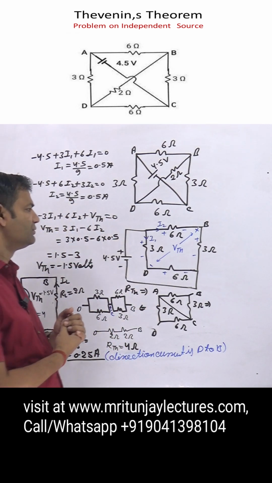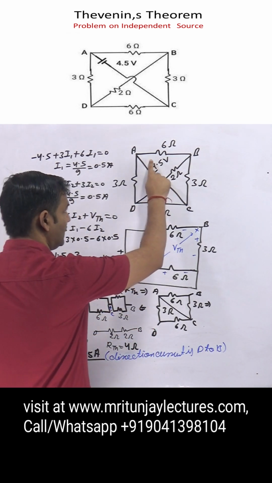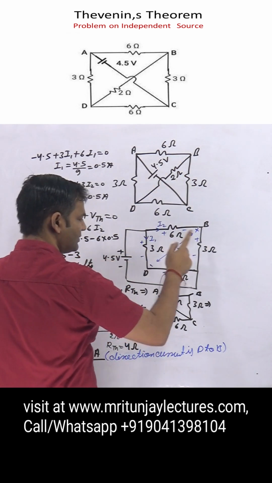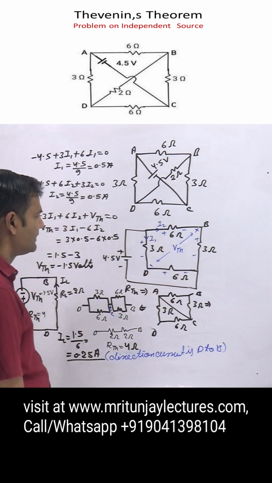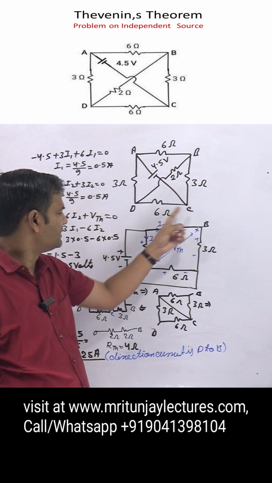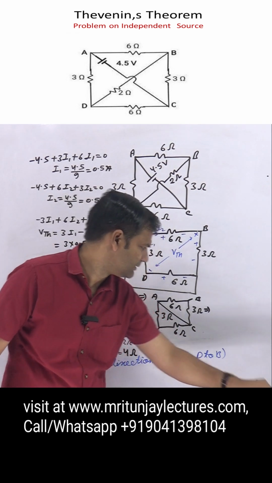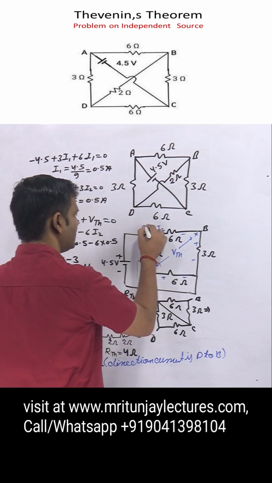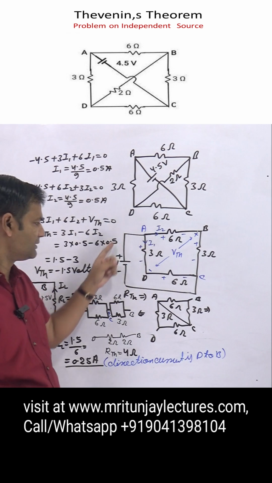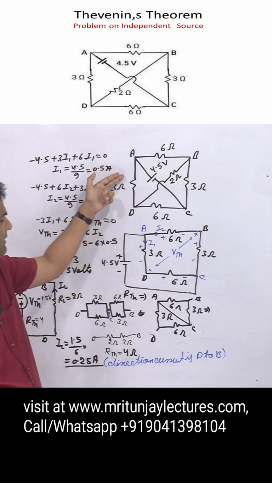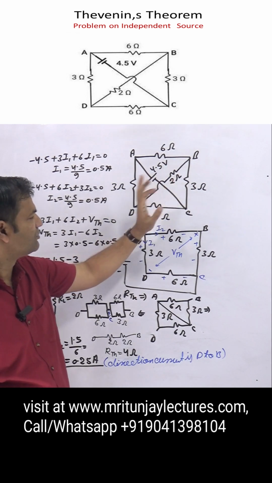If you determine VTH, our motto is to determine the voltage across the B and D points, that is A to C. So this one connects here. After redrawing the circuit, we get A here and C here, looking like this: 3 ohm, 6 ohm, 6 and 3 after removing the 2 ohm.